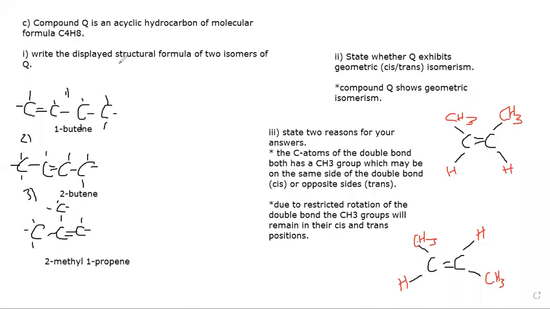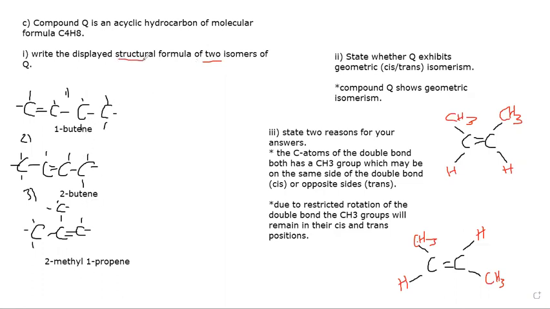Okay, so for part C now, it gives us butene, so compound Q, acyclic hydrocarbon C4H8, so that is butene, and it is asking us to write the displayed formula of two isomers, but I've drawn out 3 of them.